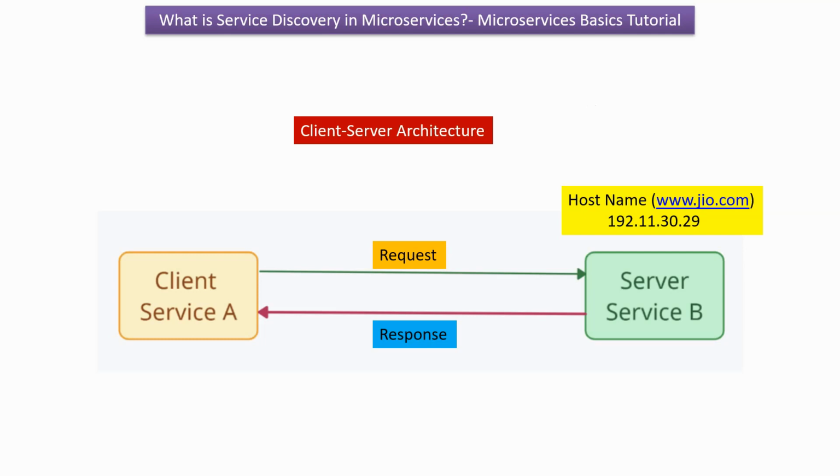In a microservices architecture, based on the load, there will be multiple instances of the same service. What is the problem in that case, and how do we resolve it using the service discovery pattern? We will see that.